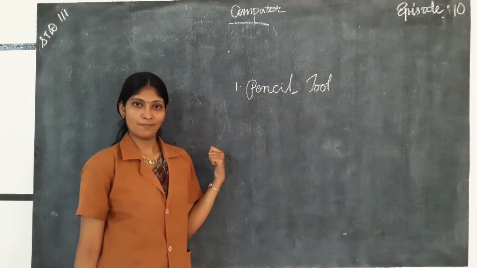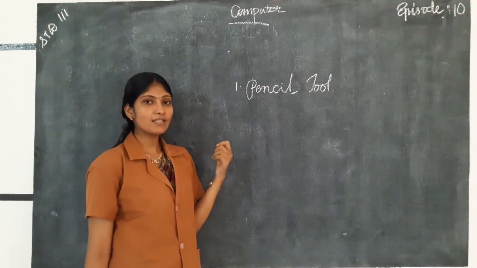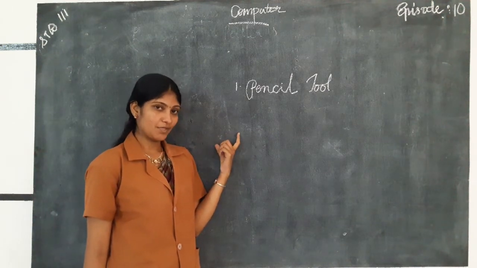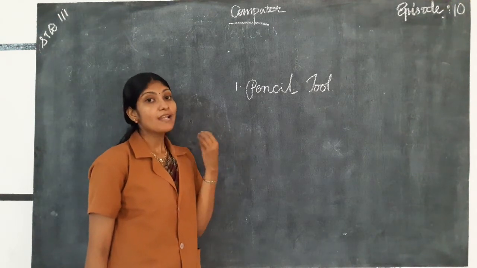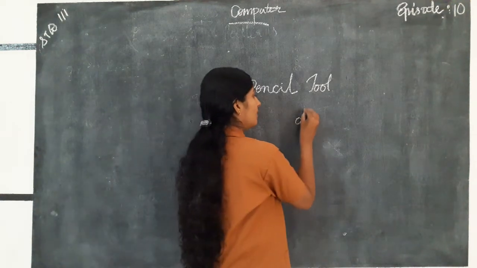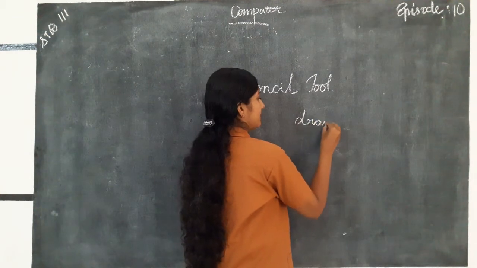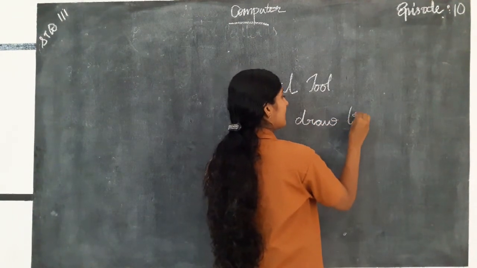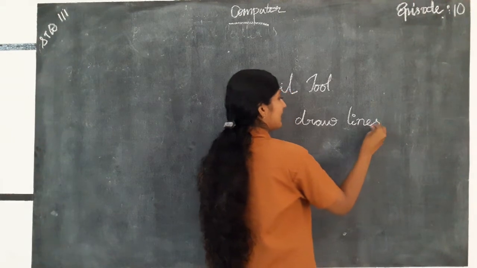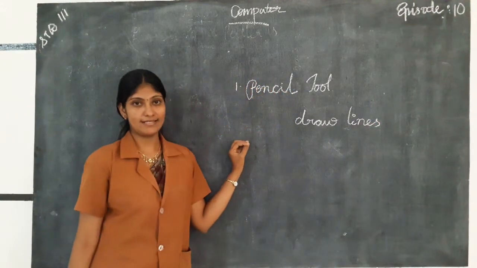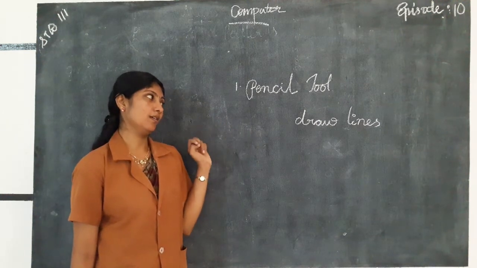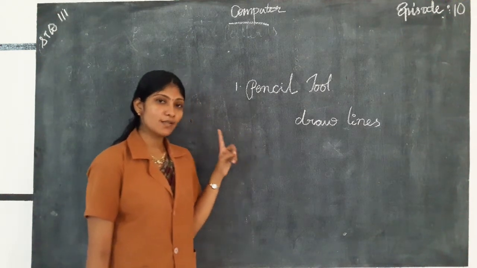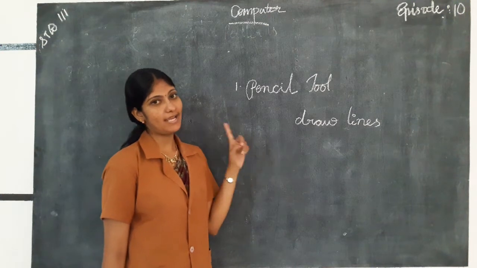For writing purposes. Yes, is it correct? In Paint software, the pencil tool is used to draw lines. Line means thin line or thick line, free-form lines, etc.